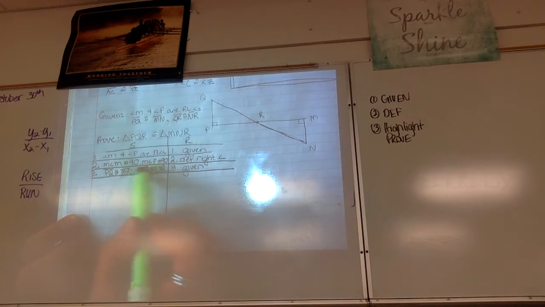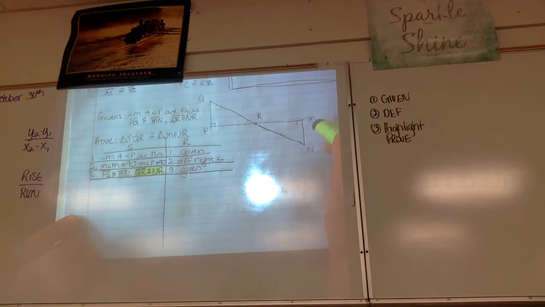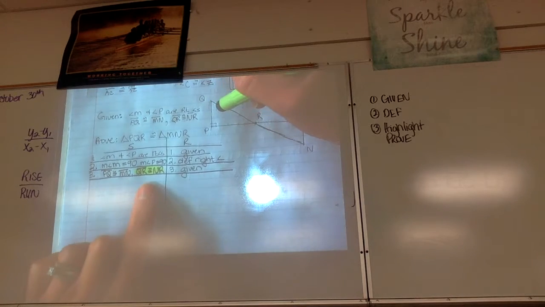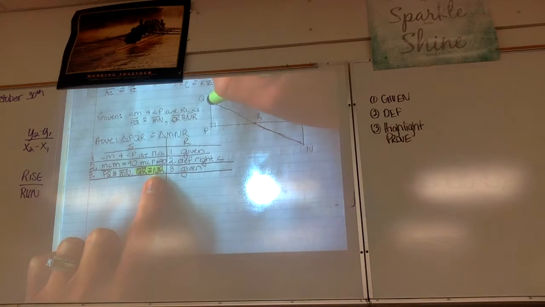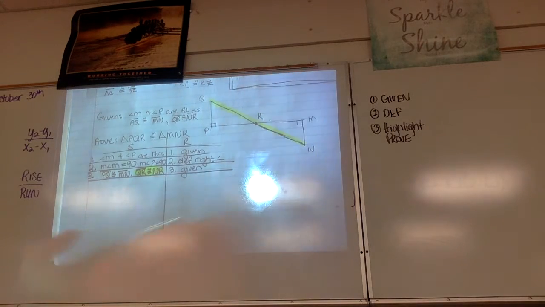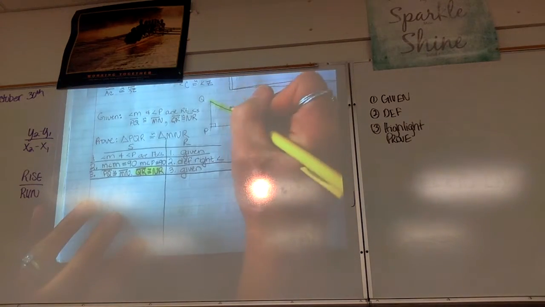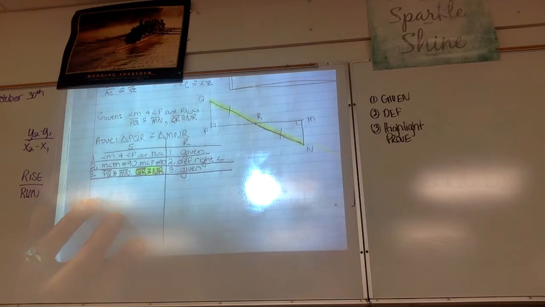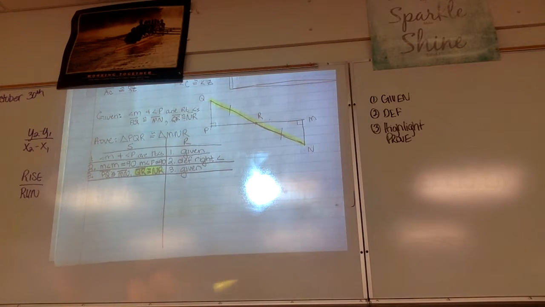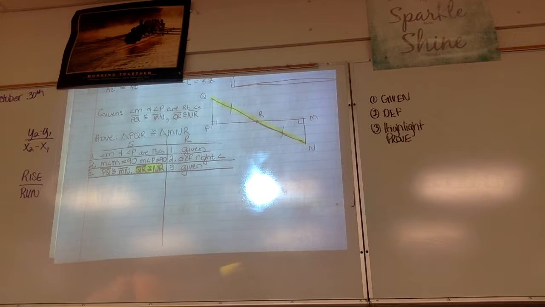QR. Okay. I'm going to highlight when I have it. So I have, oh shoot, I forgot a given. QR and NR. I have that one. There's one green highlight. What else do I have? MN and PQ. Okay.